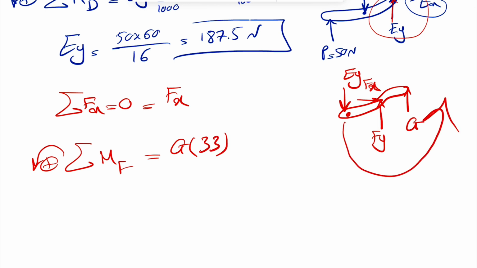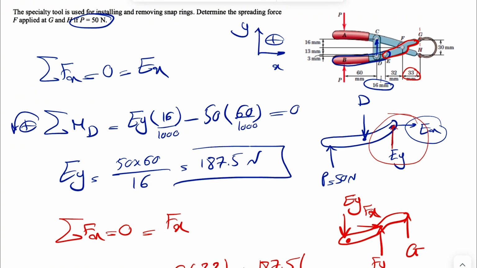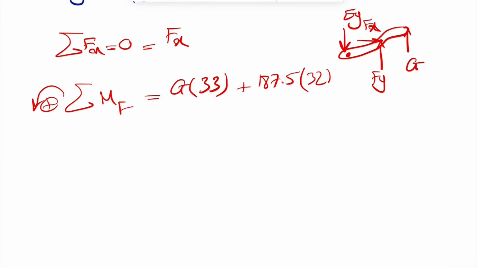We also have the moment of Ey, which is also counterclockwise, so another positive. Our Ey was 187.5 from the previous step. And the distance from E to F, again the vertical distance to the line of action, is 32 millimeters. And this will be equal to 0.